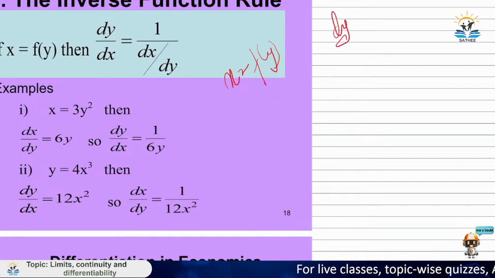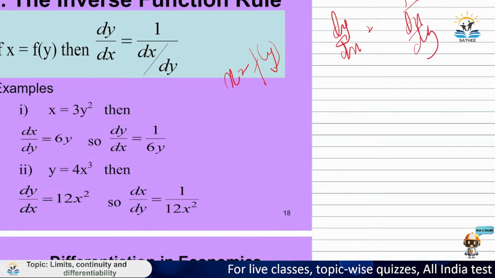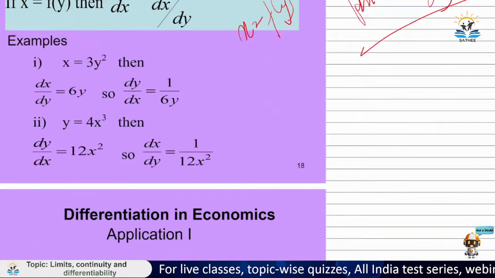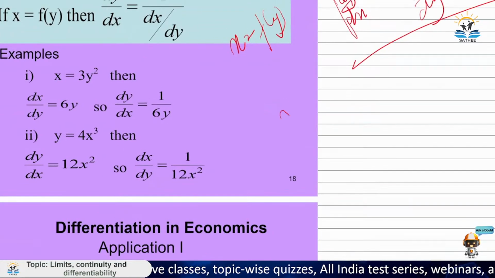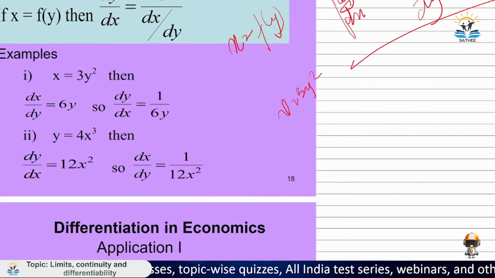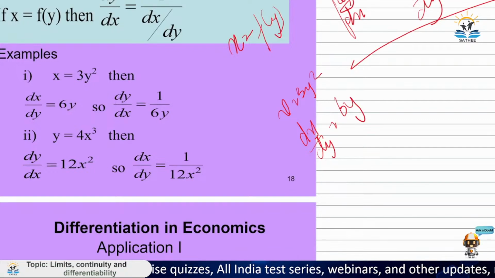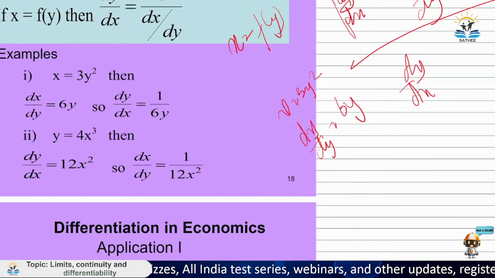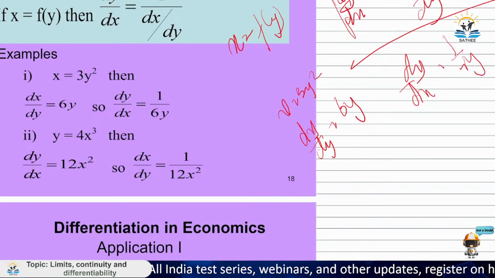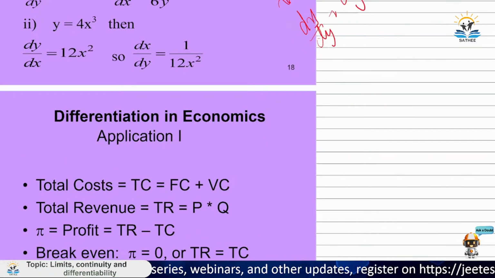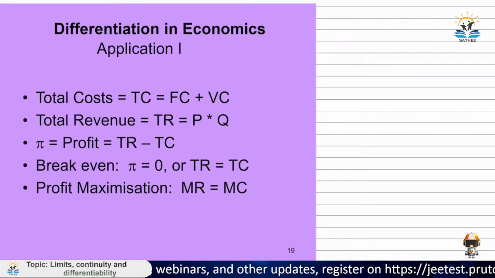So we know that dy by dx is equal to 1 upon dx by dy. This is a rule that you can easily remember. It's just simply taking an inverse of it. For example, x is given to us as 3y squared. If we have to find dx by dy, we get 6y. Then dy by dx is equal to 1 by 6y. As simple as that. There are no complications there. You can just simply take an inverse of it.